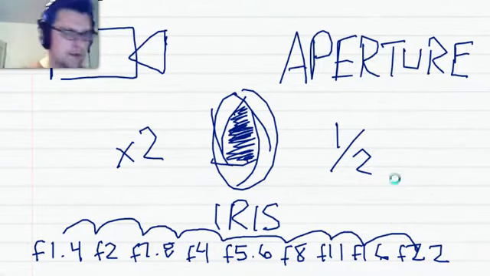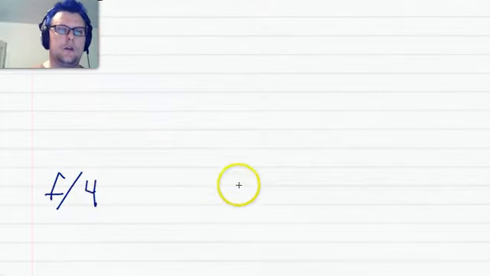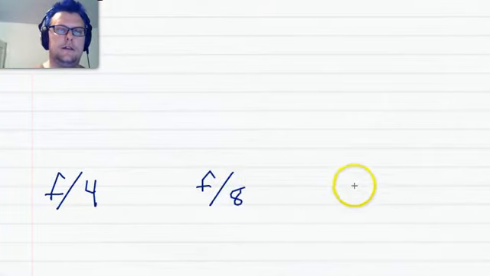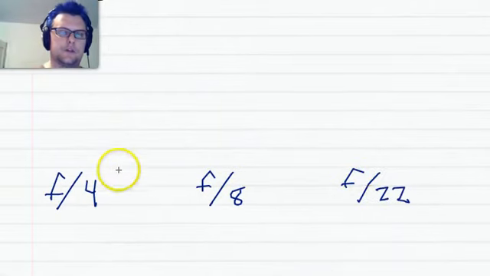So let's take a look at this in detail. We're just going to take a small subsampling of it. We're going to call it our f value is f over 4, and we're going to jump to f over 8 and f over 22. That's actually how this is measured.